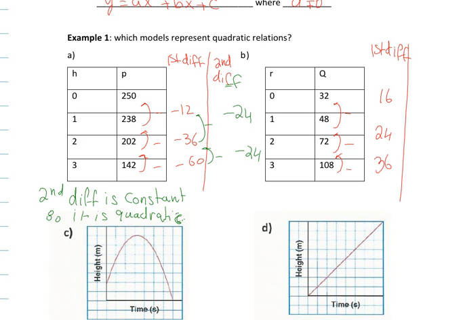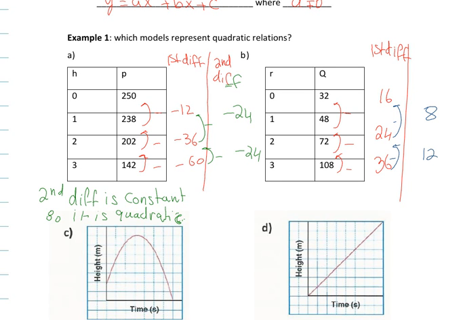If I try the second difference, 24 minus 16 gives you 8. And then 36 minus 24 gives you 12. So in this case, neither the first nor the second difference is constant, so it's neither quadratic nor linear. The question is asking me which model represents a quadratic relation.